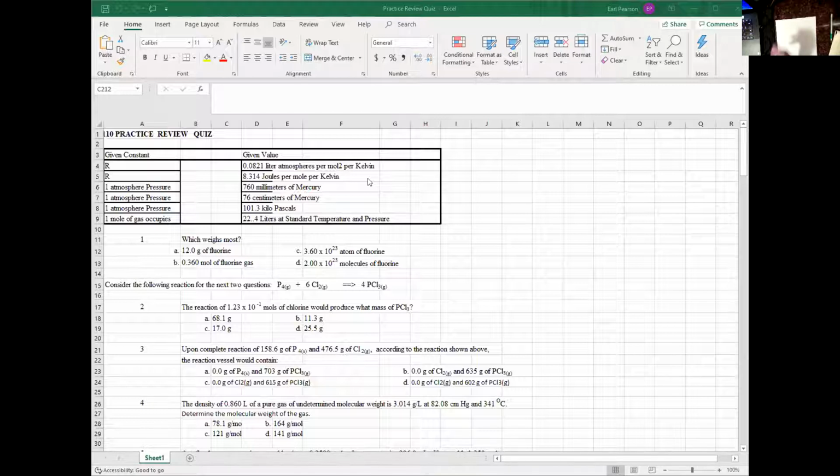Now, if I'm looking at that, they're all different units. So what I'm going to do is transfer everything to the same unit. And the easiest one for me to do, I think, would be to compare everything to grams.